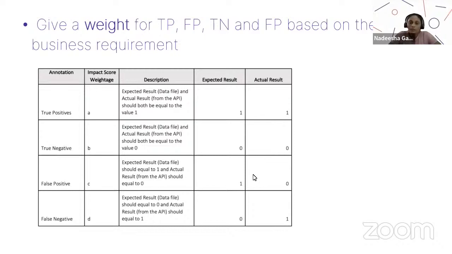According to the business logic of this kind of application, identifying a defect as a defect gives more value to the business. Based on that, we can give weight scores to do a better analysis of the outcomes. For example, for true positives the score would be 1, and for false positives it could be minus 20. So we can assign them according to the model.